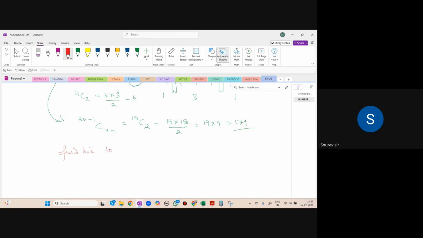Find the... Let x be equal to 10800. Find the total number of divisors of x.